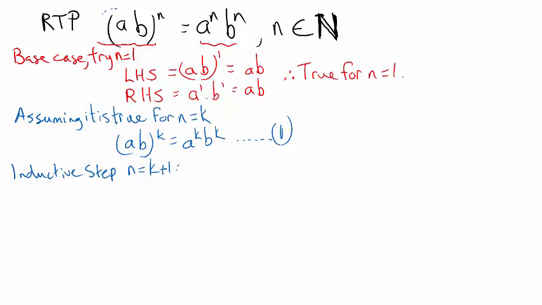So that would be, in terms of our premise up here, our original premise, our hypothesis, we need to show that, we must show that, not a proper W, Mr. Herbert, (AB) to the k plus 1 equals A to the k plus 1 times B to the k plus 1.